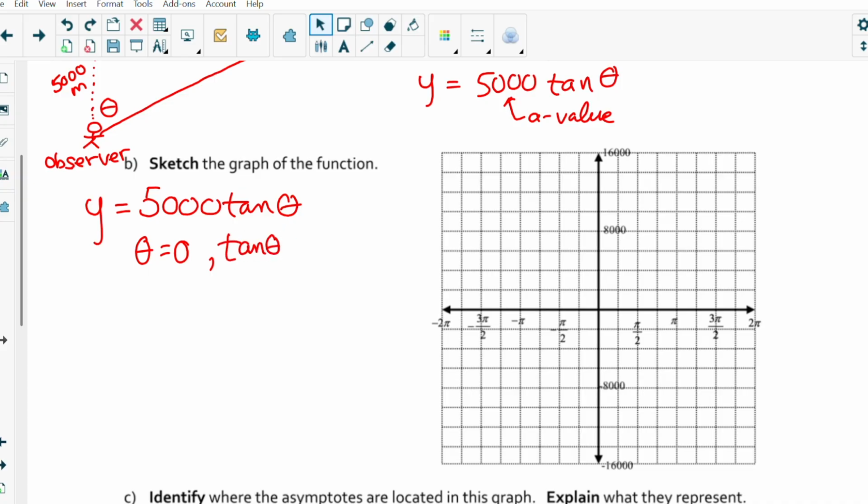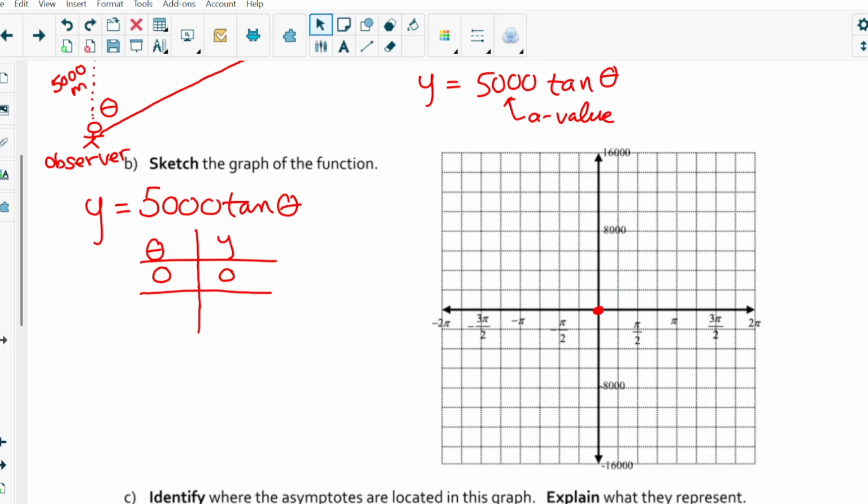Let's do a chart here, folks. Theta and y. At theta equals 0, tangent of theta is 0. Remember we're in radians here, so y is 0.